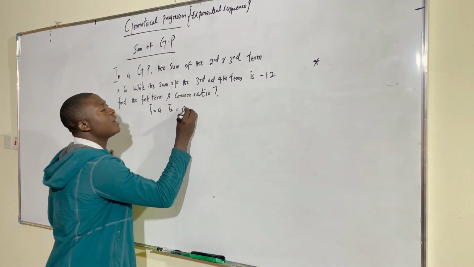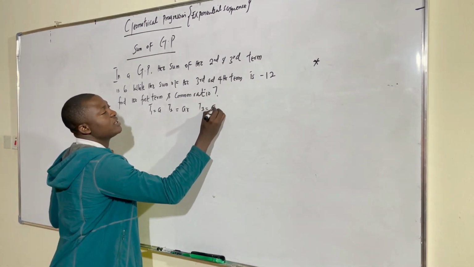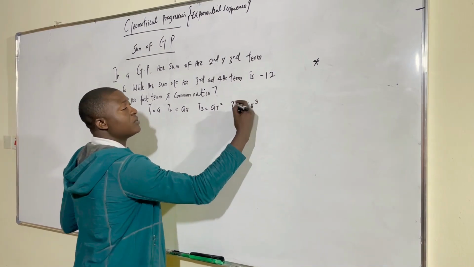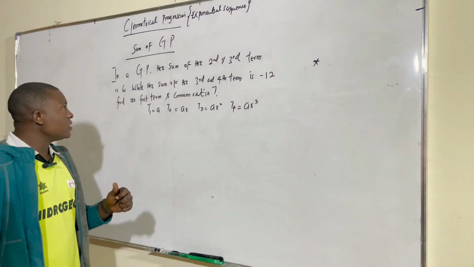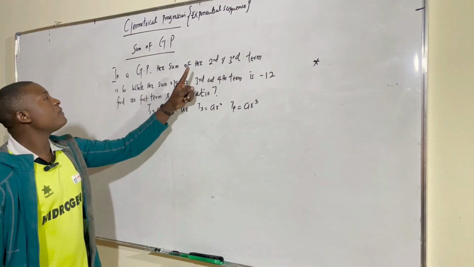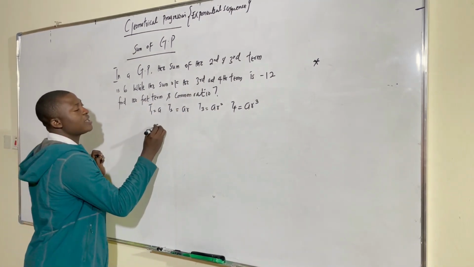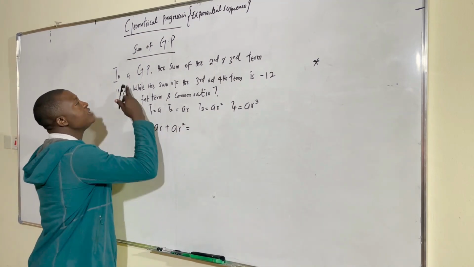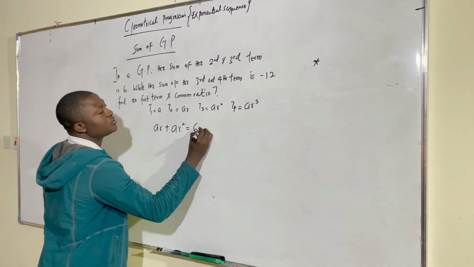Third term is nothing but AR squared. Fourth term is nothing but AR cubed. I've told you how to express that, right? Good. So now the sum of the second, that is AR, and the third, AR squared. They said this is equal to 6, this is our equation 1.